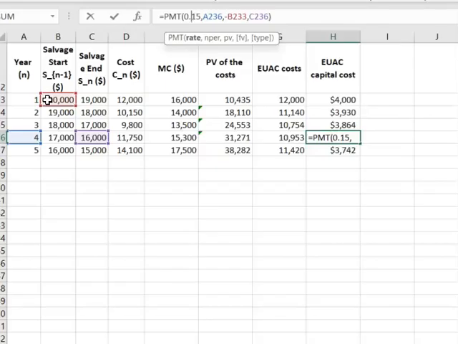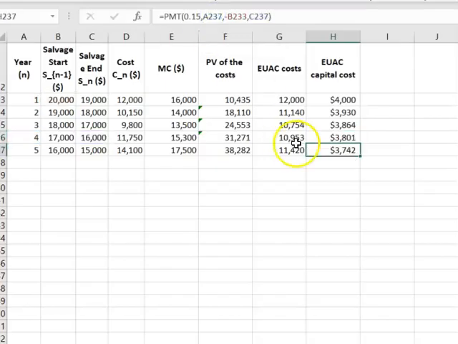And you can sell the machine at the end of year 4 at the value of $16,000. So these are the EUAC of the capital costs that we got.